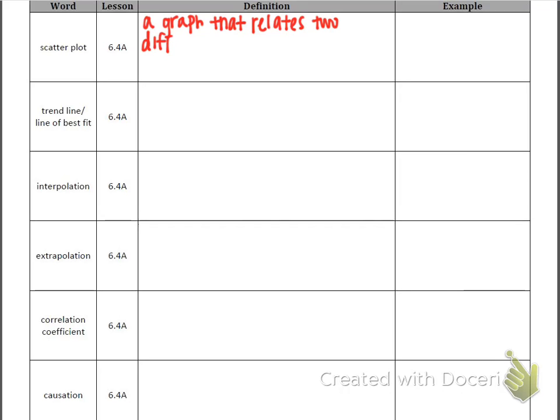So, for example, your height and your foot size, which is what you guys are going to get from me tonight and bring it back for tomorrow. So we're going to display you as an ordered pair. X is going to be your height, Y is going to be your foot size, I think, and then that dot, wherever it is, represents you, okay? Two different sets of data.